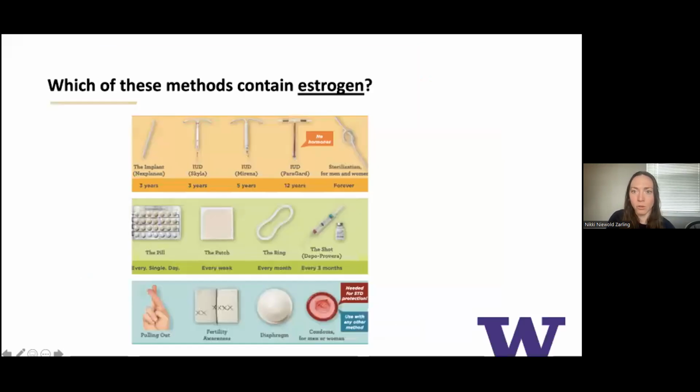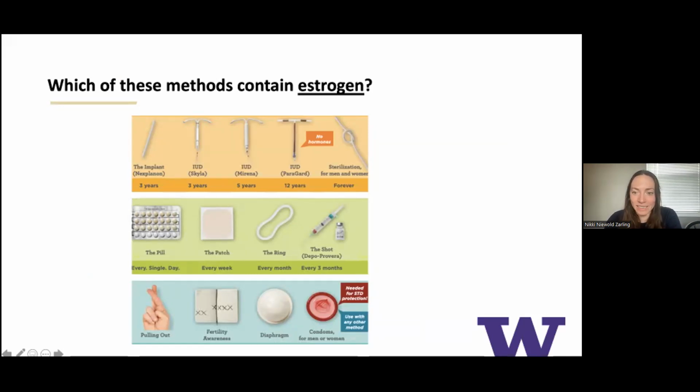Okay, talked about ease, getting a little more tricky now. Which of these methods contain estrogen? Pill and patch, agree. Oh, Sarah, you're an expert, new women's health faculty right there.